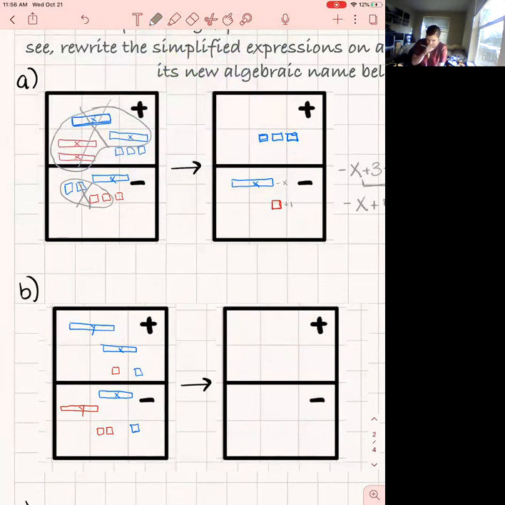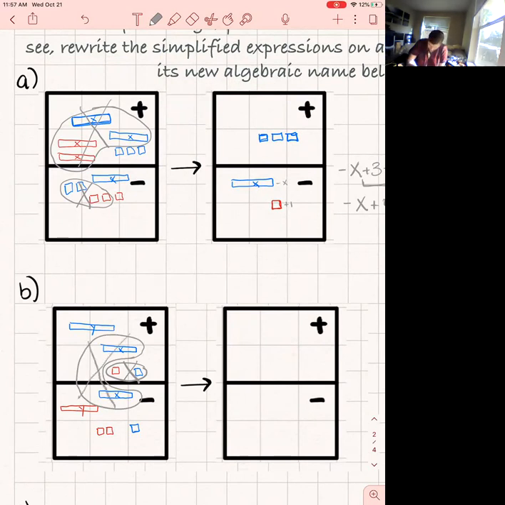Okay, 0 pairs that I see. I want to point out that it's tempting to circle those Y's, but those do not create a 0. That's different color, different sides, which is not one of our options. So I am going to circle these unit tiles. I can get rid of those, different color, same side. These X tiles are going to create a zero, because that's same color, different side.